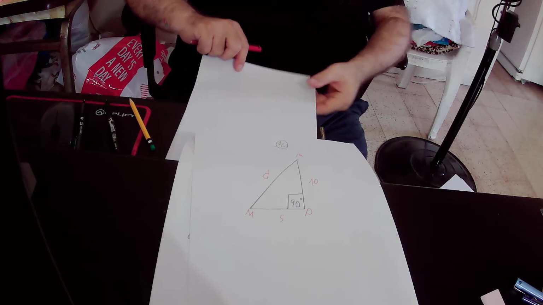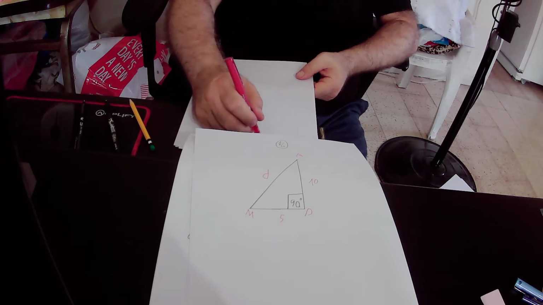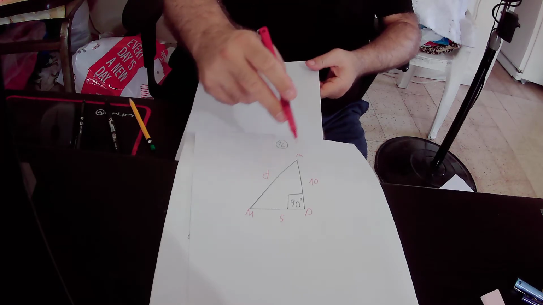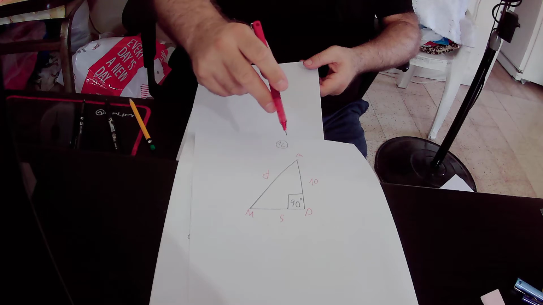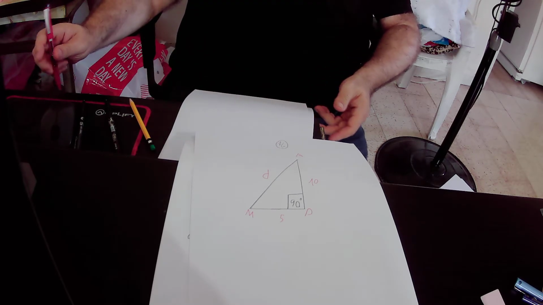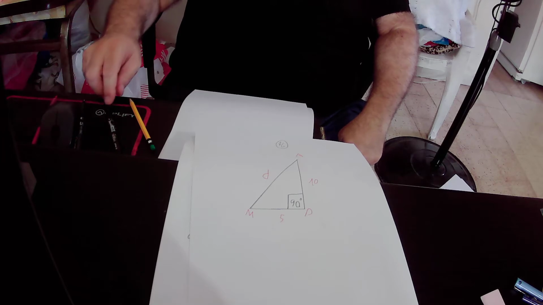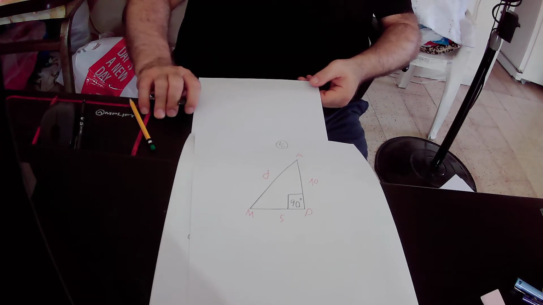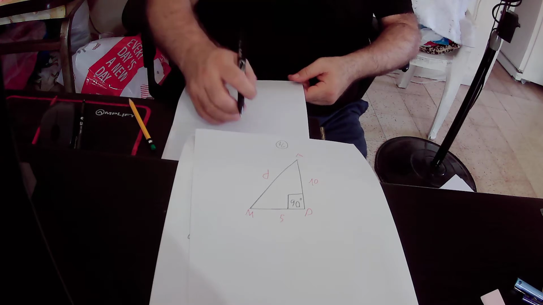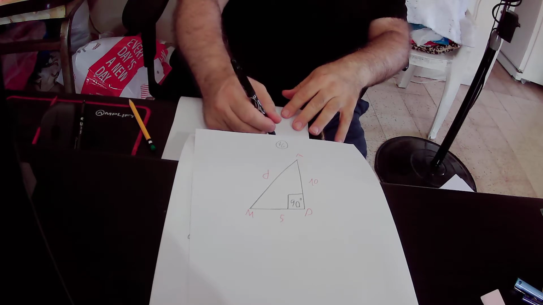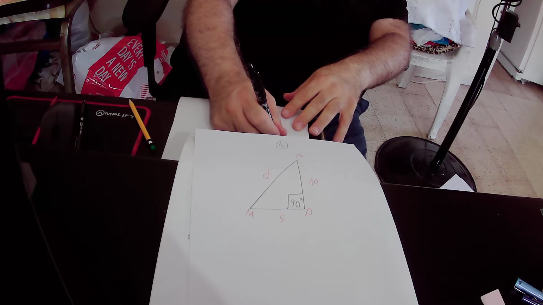So we can use the Pythagorean theorem to find the value of the hypotenuse, which is also the diameter of the circle. First of all, I will write down the Pythagorean theorem, which applies only to right triangles.